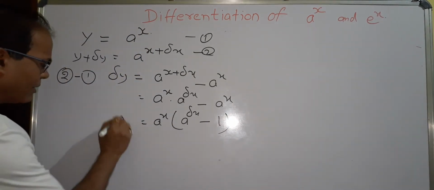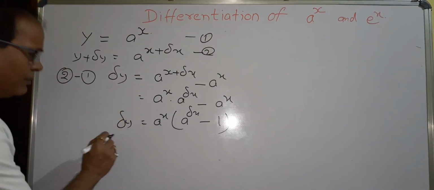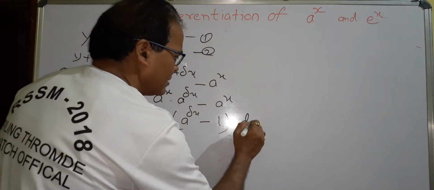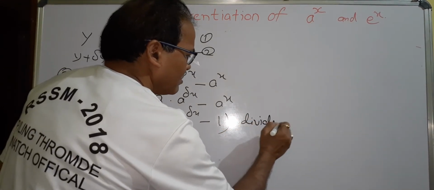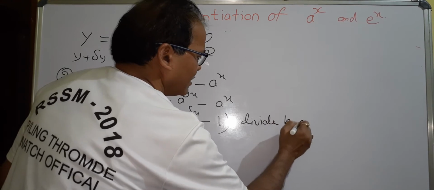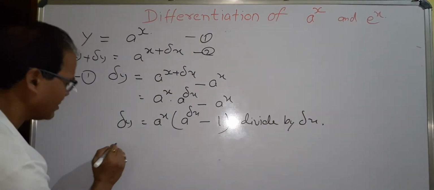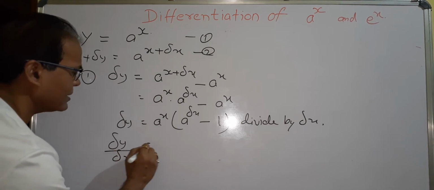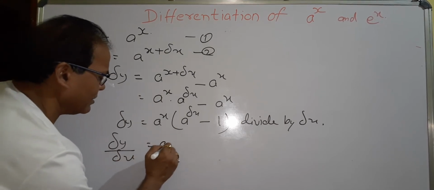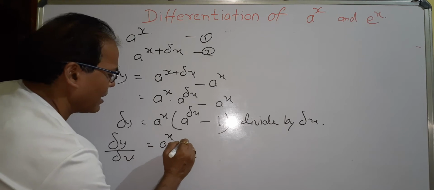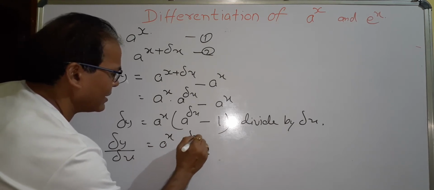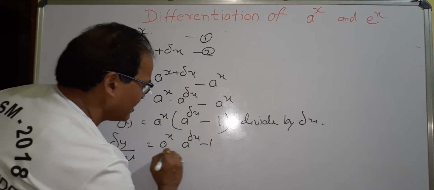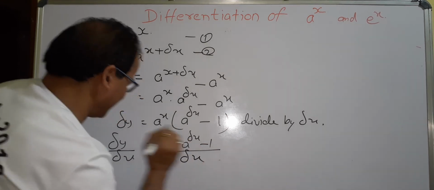Now here is delta y. If you divide both sides by delta x, what will we get? Delta y by delta x is equal to a to the power x into a to the power delta x minus 1 divided by delta x.